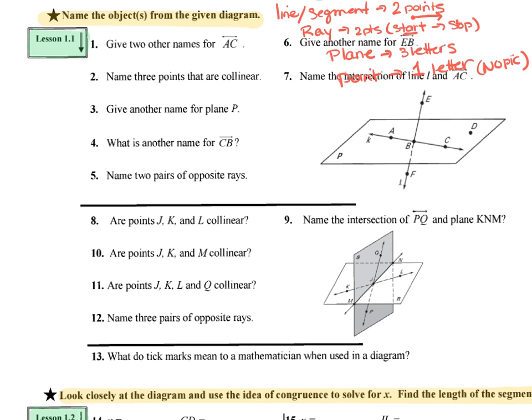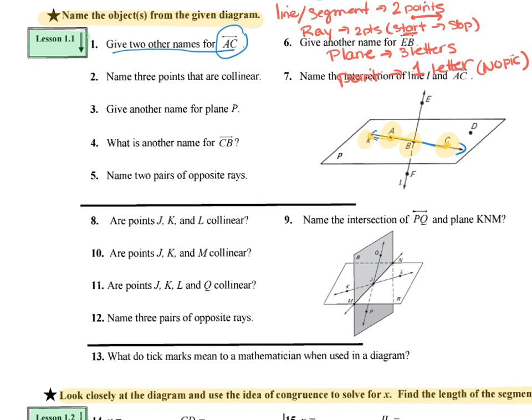So for example, question number 1, it asks you to give 2 other names for line AC. You go to your picture, you find A and you find C. So I need another way to name that line. And really the safest way might be to use the points that are on there, the A and the B and the C, and you can do those in any order, 3 different ways.